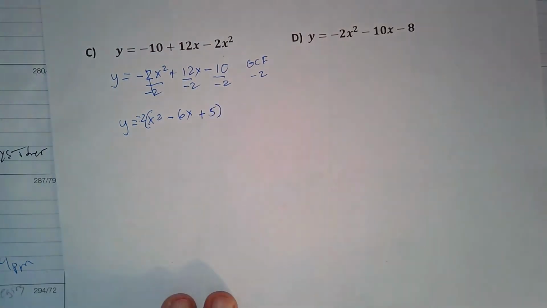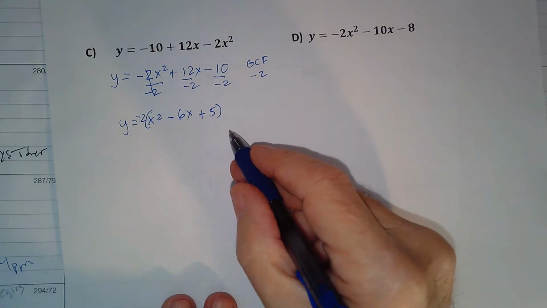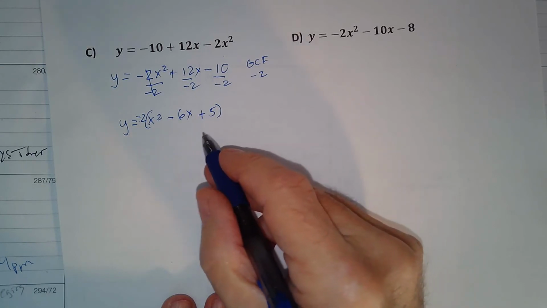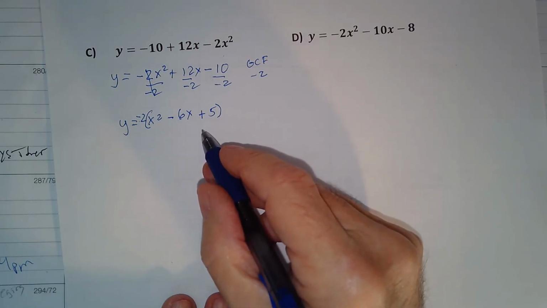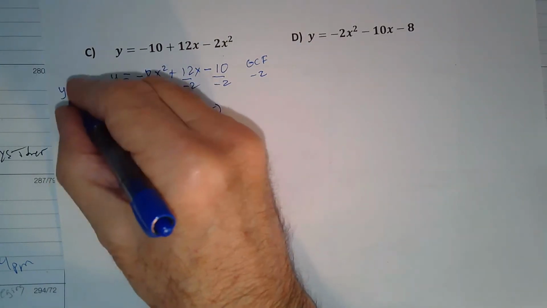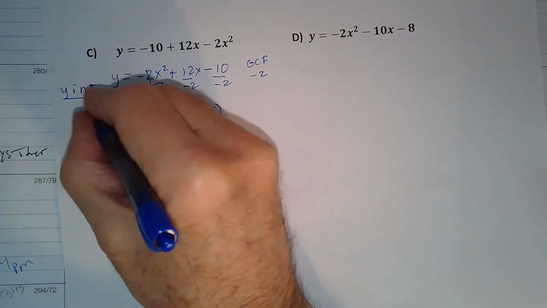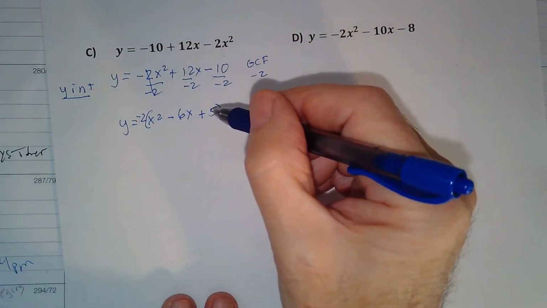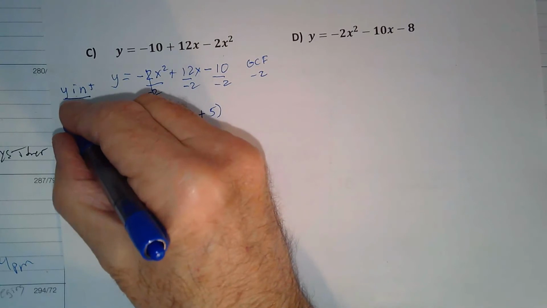Okay? So now I'm going to factor this. And this is going to give us the x-intercepts. Oh, what would the y-intercept be? Well, let's do the y-intercept over here. Y-intercept. Again, you're going to let x equals 0.